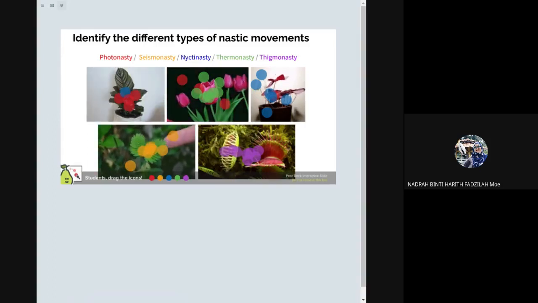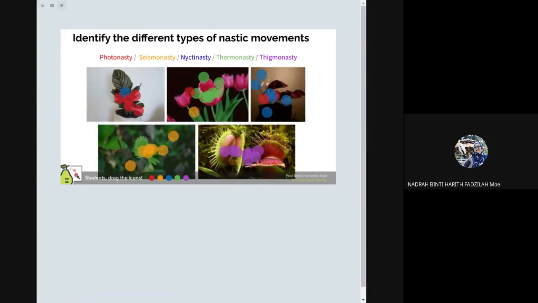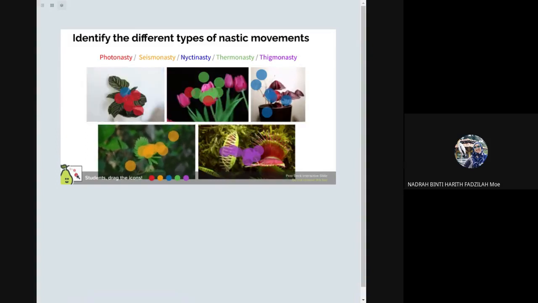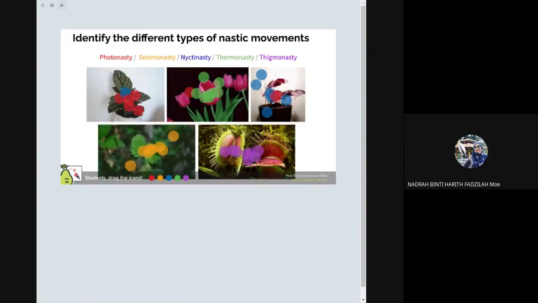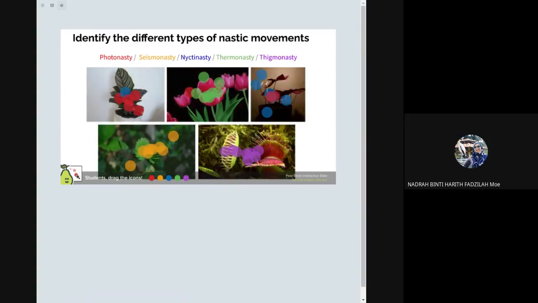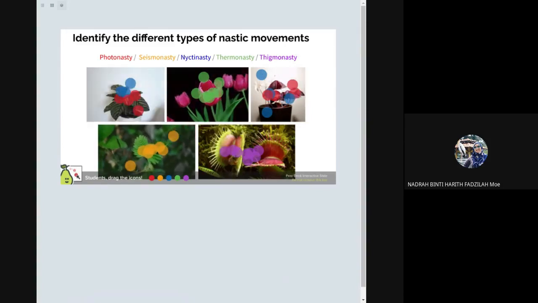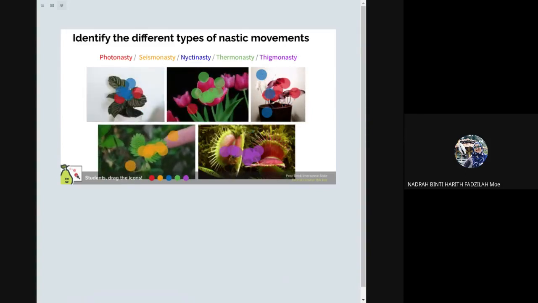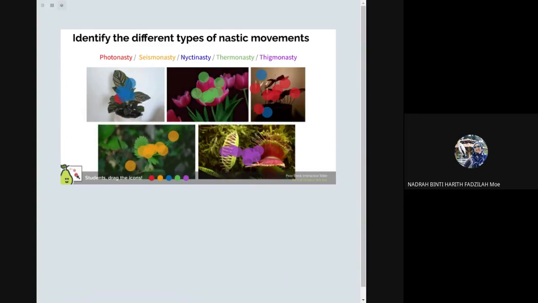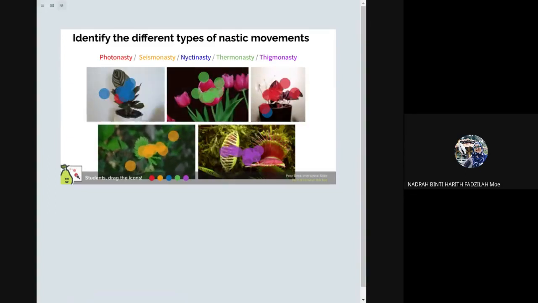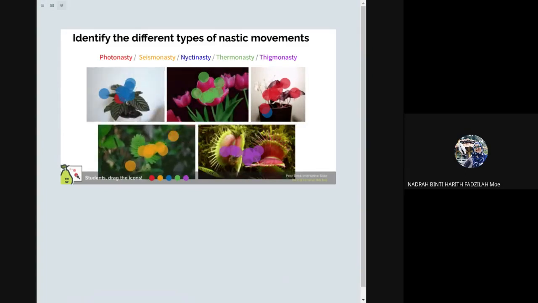Okay, untuk photonasty, okay ya. Photonasty, gambar yang sebelah kanan. Okay, spesies yang gambar yang sebelah kanan tu adalah photonasty. Meaning it moves when there is a presence of light.